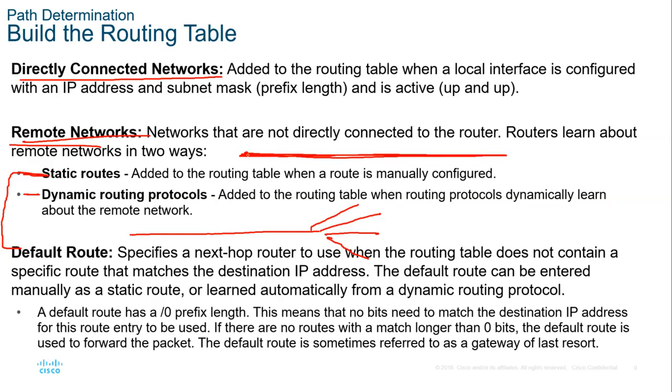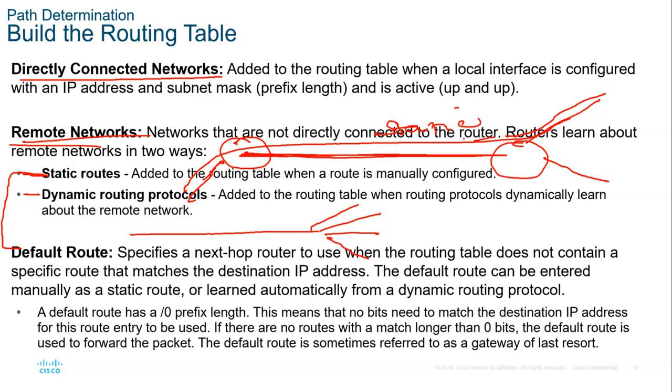So in static, if you have this as the router and this router with two networks, we need a route that will actually connect a specific network like this. If you create this as the static, it is there to serve this network.